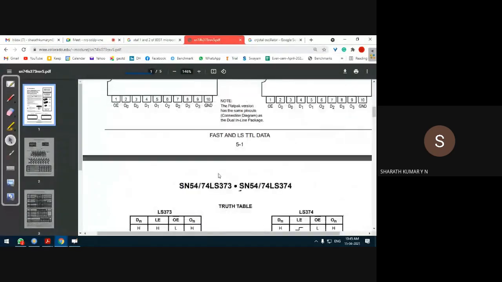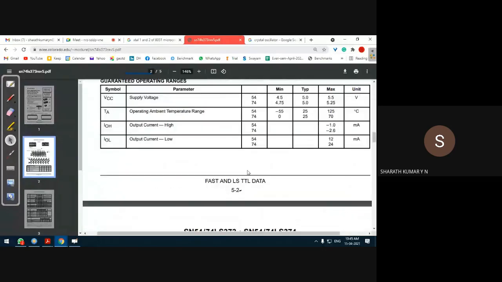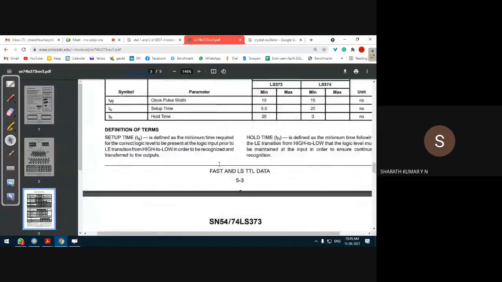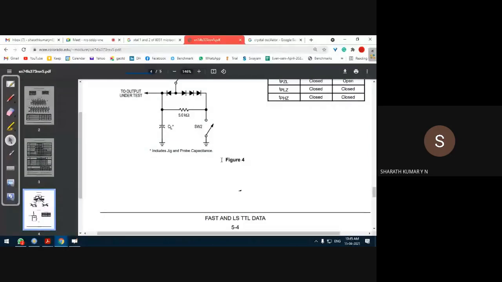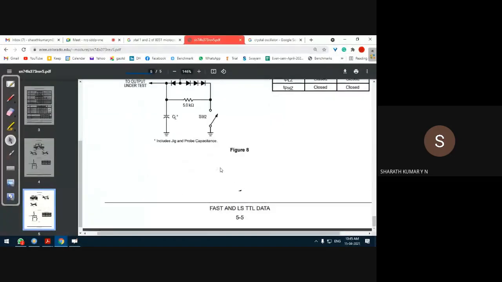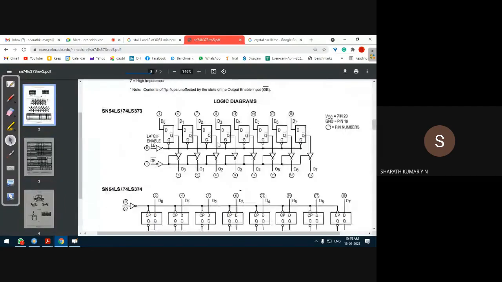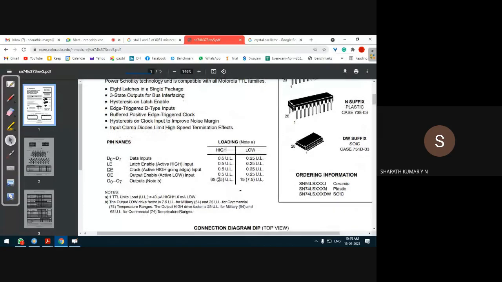This is the internal structure of the 74LS373. I'm searching for that G pin. It's a latch-based IC which is used to demultiplex address and data. It is used in all microcontroller-based add-on cards and supporting devices.